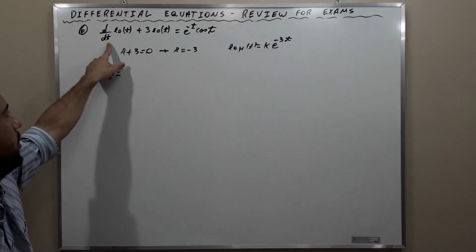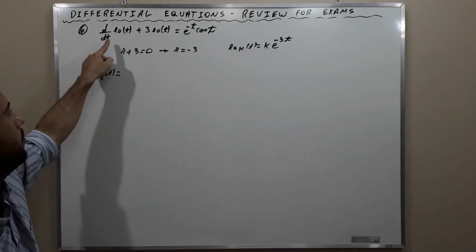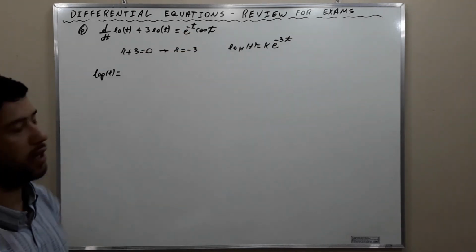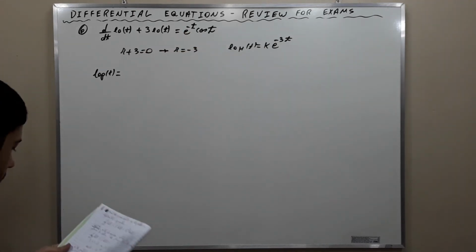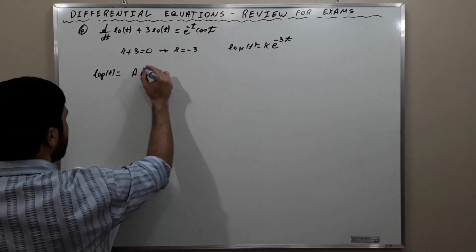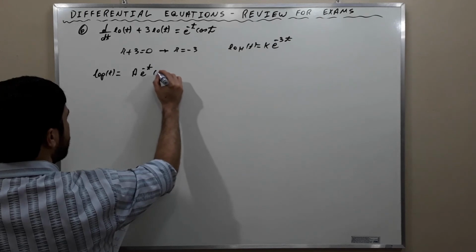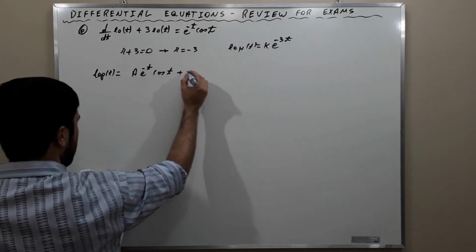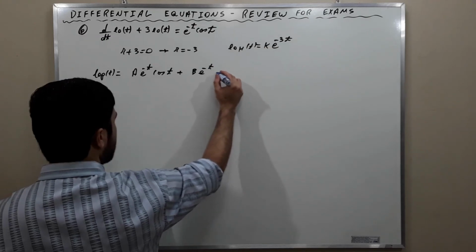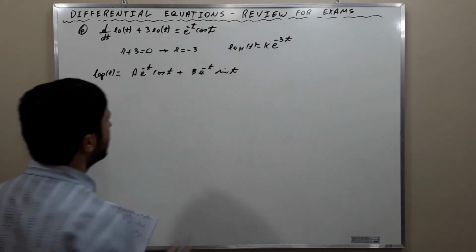And with this, we can add them here and here to compose this, okay? You are going to see, it is going to be a e to the minus 3 times the cosine t plus b e to the negative t sine t, okay?